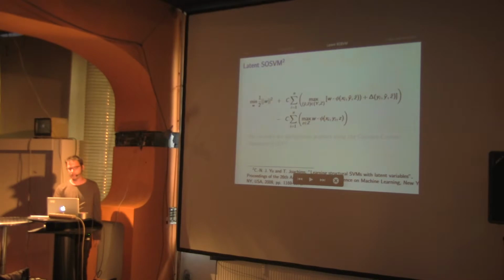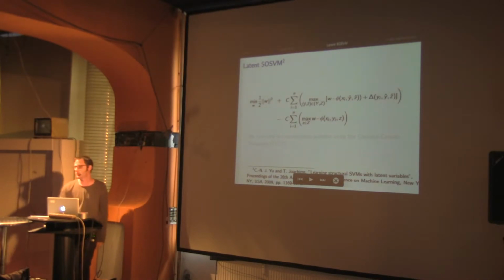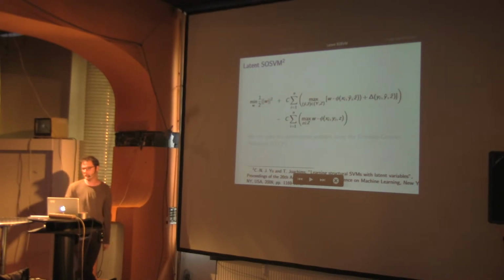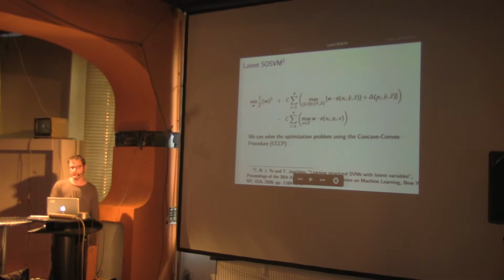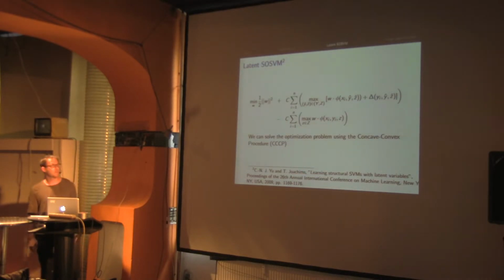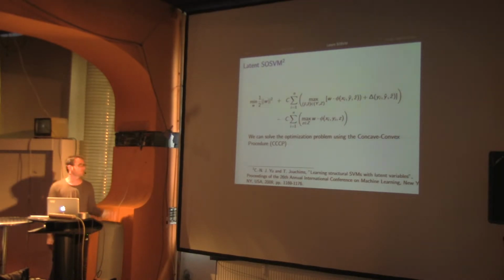Y is the structural label, as in the previous case, and then it got extended with the latent label as well. The problem is that since this is not convex, you have to use some kind of procedure to optimize it.